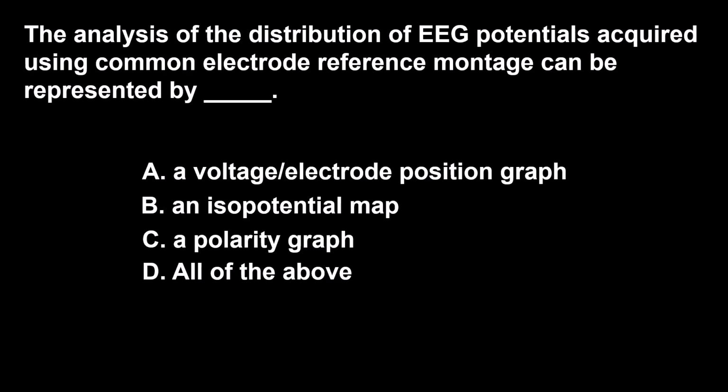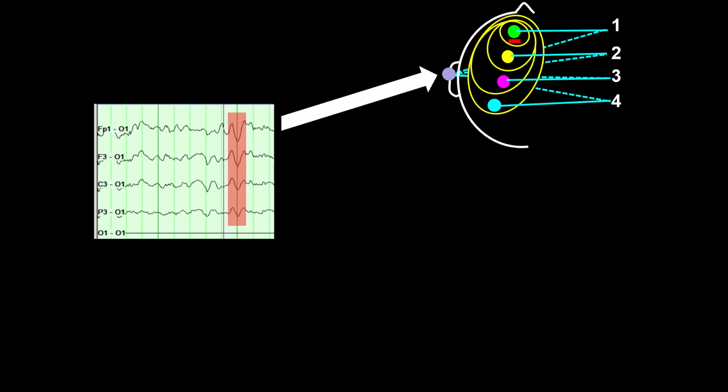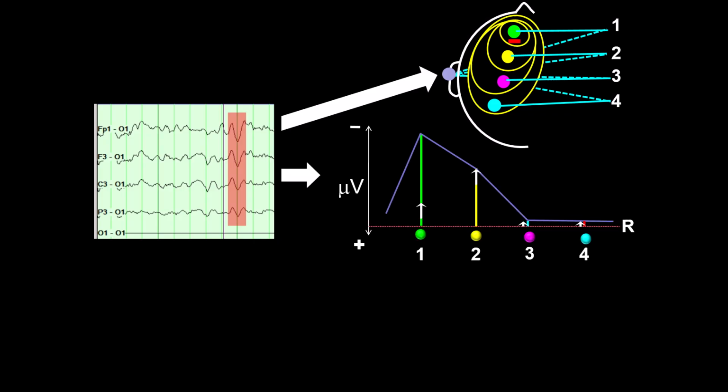Next question. The analysis of the distribution of EEG potentials acquired using common electrode reference montage can be represented by A, voltage electrode position graph, B, an isopotential map, C, a polarity graph, D, all of the above. Potentials encountered while reviewing an EEG using common electrode reference montage as the one highlighted in this frame can be represented as an isopotential map, a voltage electrode position graph.